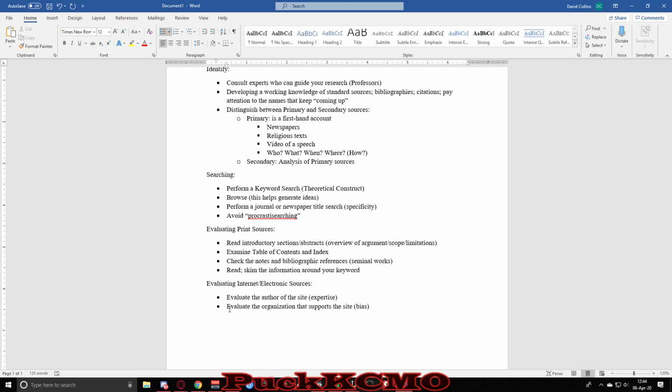So you want to look at where they get their money, right? What's the organization that pushes the site, puts it out there? Is it Johns Hopkins University pushing the information, or is it DuPont or Dow Chemicals, right? There's a significant difference between those two source materials, right?